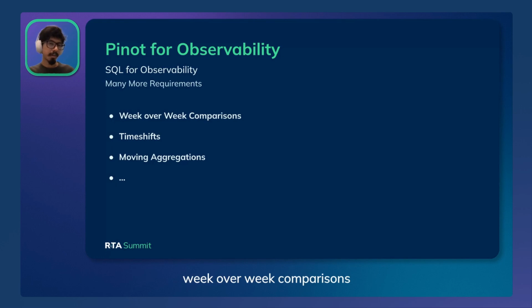That is why week over week comparisons are very common. These are so common that a lot of observability platforms support them out of the box also. But I won't get into the details of that. That is how a lot of people do anomaly detection in the platform world.